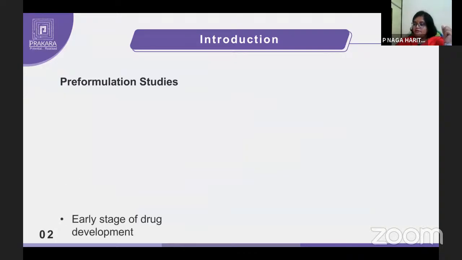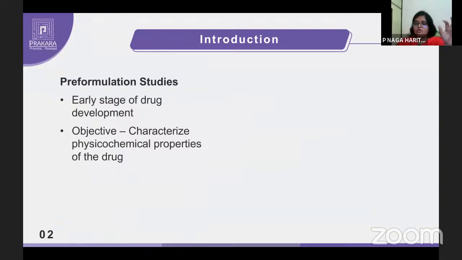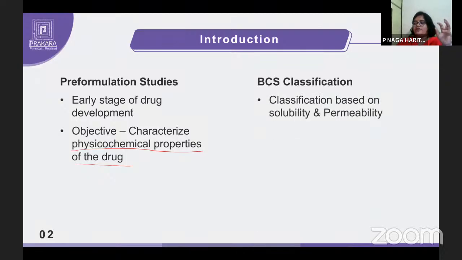Pre-formulation studies form the early stage development of the drug. The main objective of pre-formulation studies is to characterize the physicochemical properties of the drug candidate. These studies always provide crucial information for the successful formulation of a stable and effective dosage form. On the other hand, we have the Biopharmaceutical Classification System, which we simply call BCS.